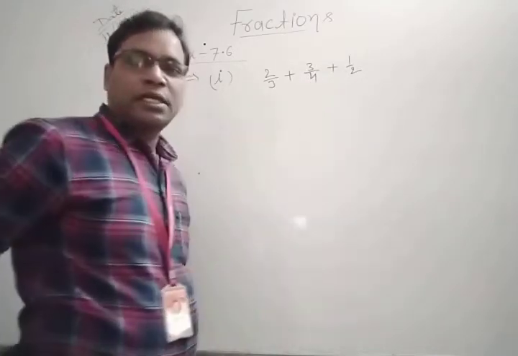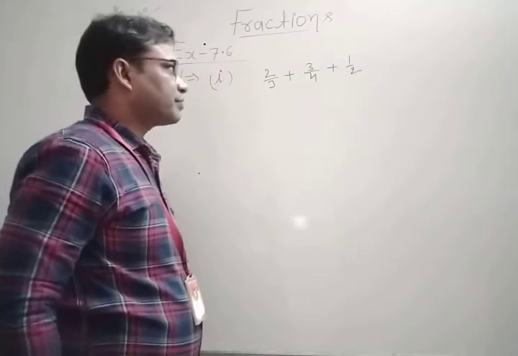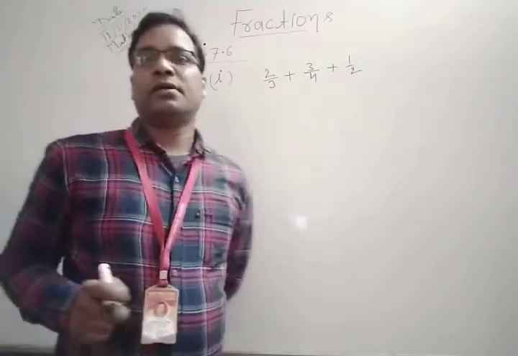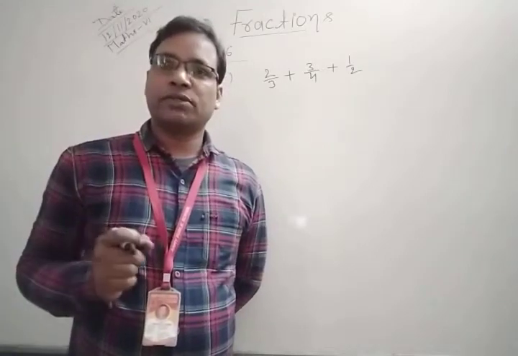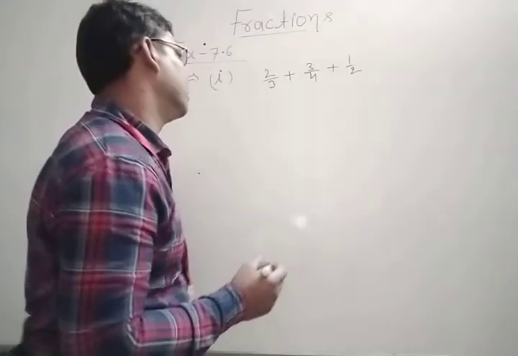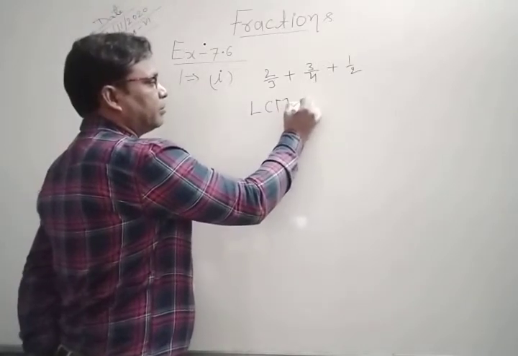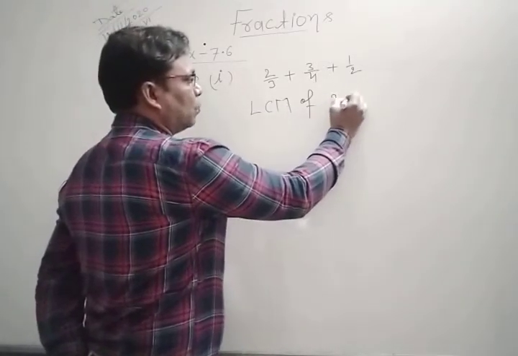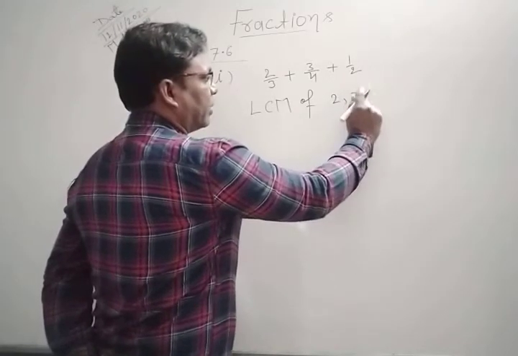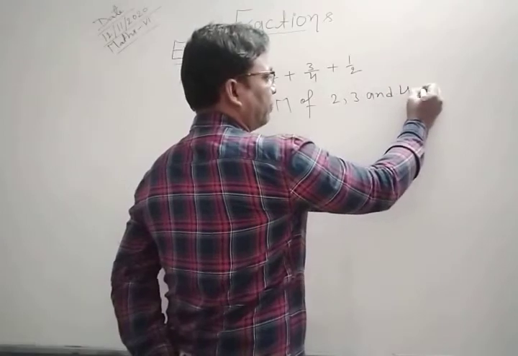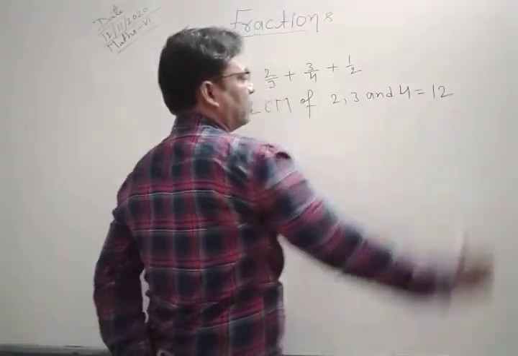Each fraction has unlike terms because their denominators are not equal. Okay, so you find the LCM. So what is the LCM of 2, 3 and 4? You can see 12.